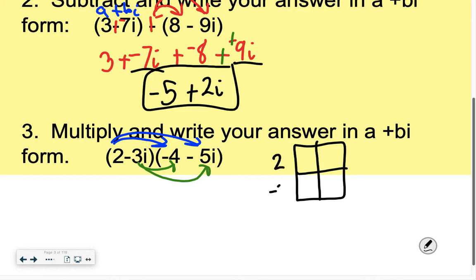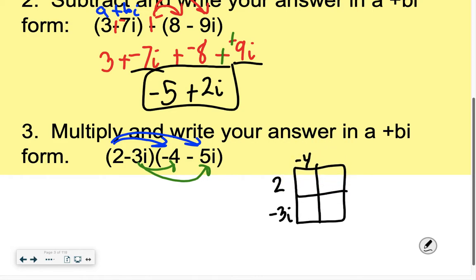Or you could use a visual box method to multiply those out. The box just shows you how to do that multiplication. So when I'm distributing the 2, it'd be 2 times negative 4 and 2 times negative 5i. And then I'm distributing the negative 3i.